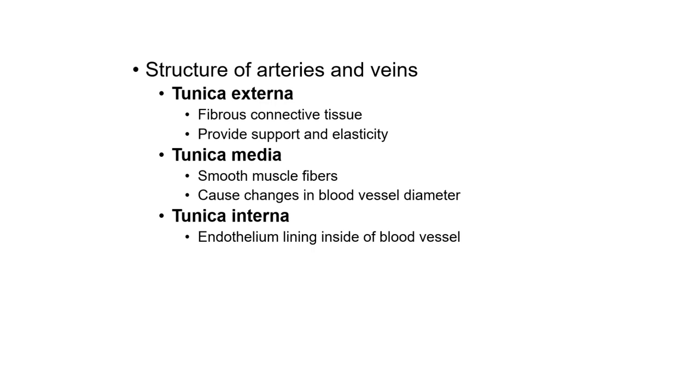So the walls of arteries and veins are composed of 3 layers of what we call tunics. You have a tunica externa, you have a tunica media, and a tunica interna. Okay, so let's start with the outermost, the externa.